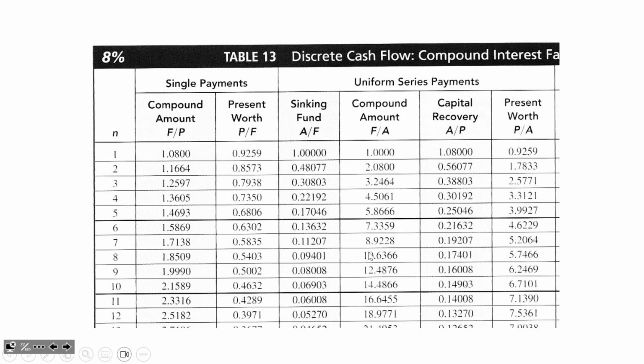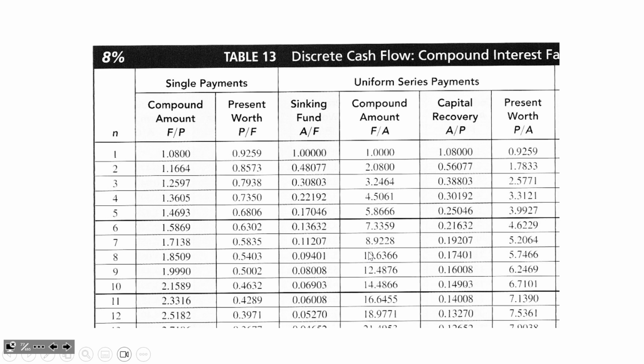And I want to find out what is F. The kind of problem this would be is you deposit $65,123.45 now into a bank that pays 8% annual interest. How much can you withdraw as a single lump sum in 7 years? So in 7 years, how much can you withdraw? That's the kind of word problem that we're doing here.